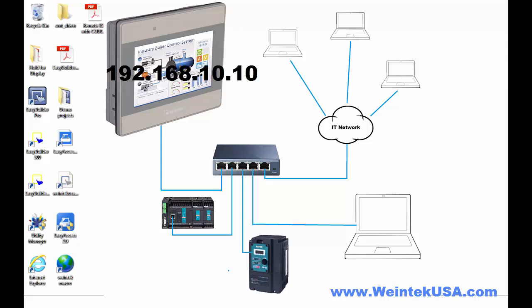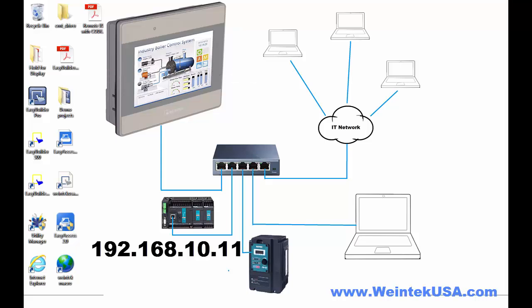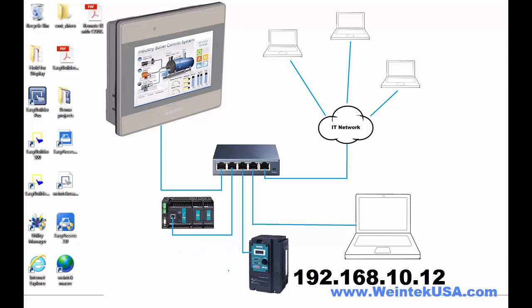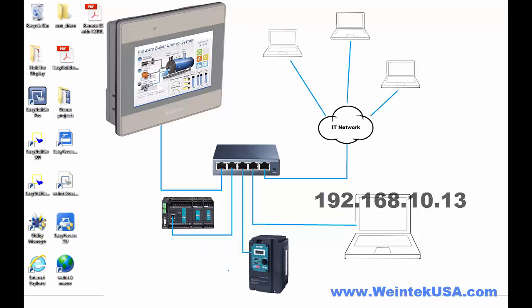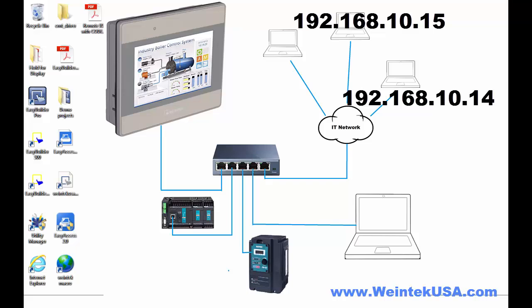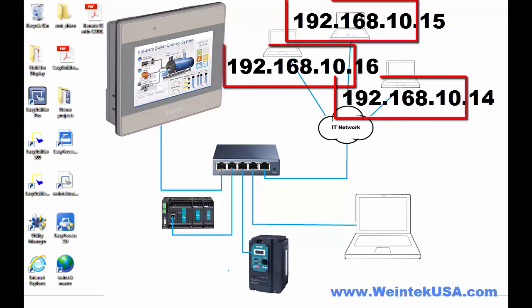Now, as a general rule, all of these devices would require a unique IP address on the same network. To put that simply, the IP addresses need to be the same except for the last segment.